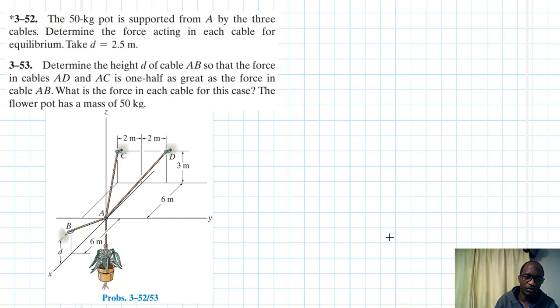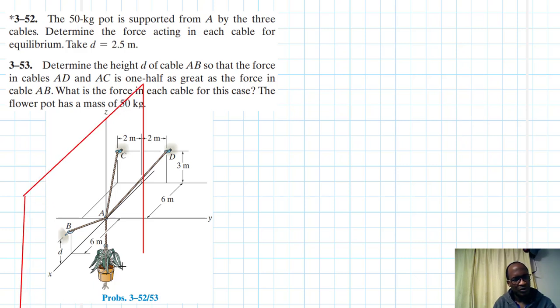So let's draw the free body diagram, but before we do so, let's look at this particular problem. When we look at this problem, we realize one interesting thing. It is symmetrical about this plane. Can you see it?